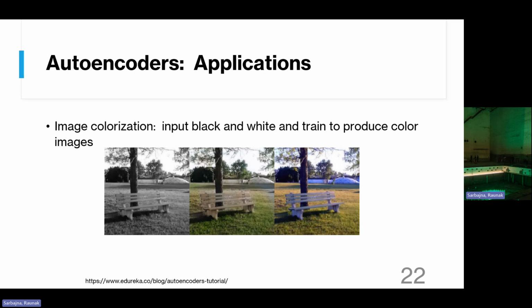You give the input as a black and white image, and because the autoencoder has trained itself on color images, it takes the black and white image and kind of goes into colors. It's not perfect, as you can see. The bench turns blue. It's not a very natural color for a bench, but it tried its best.